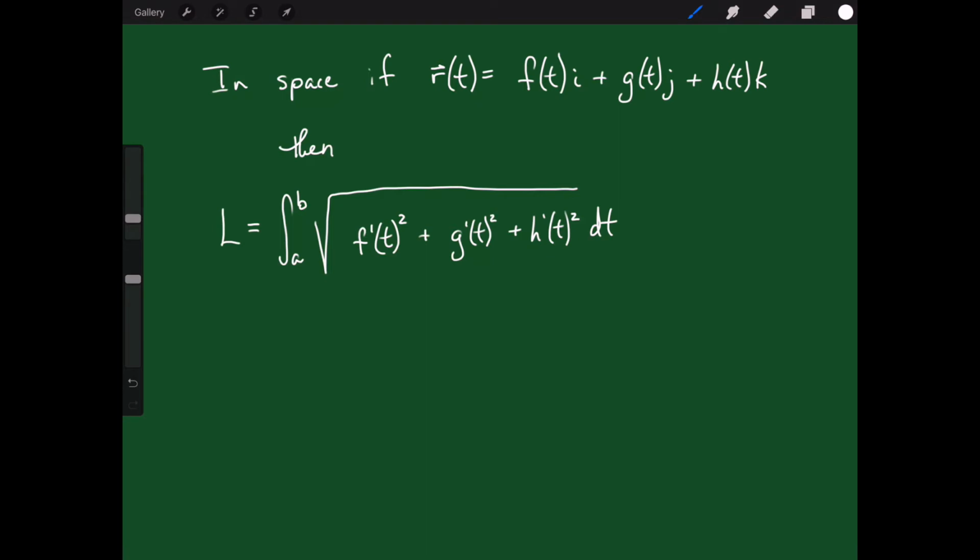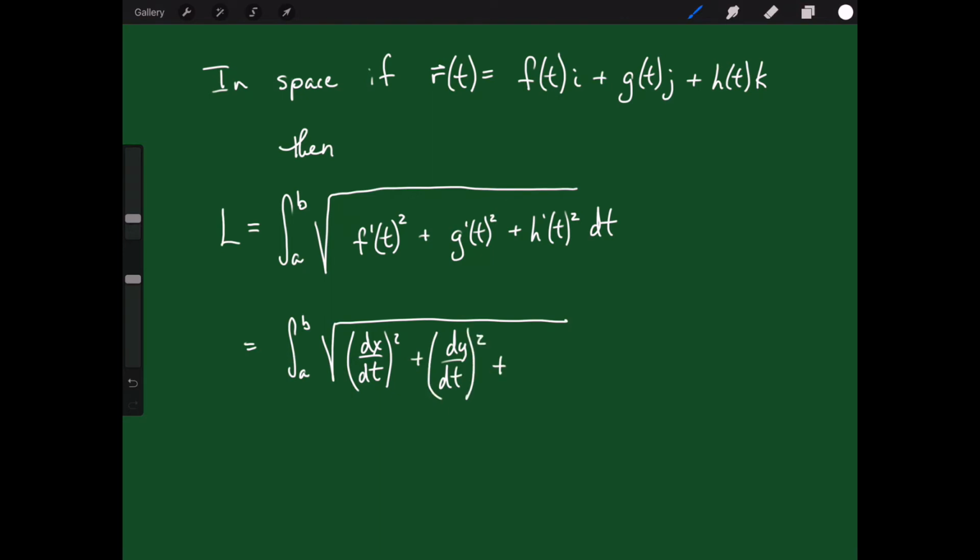Okay, so we just take the derivative of each of the components individually, square them, and then take a square root. Another way of writing this, which is exactly the same, is the integral from a to b of the square root of dx dt squared plus dy dt squared plus dz dt squared dt.